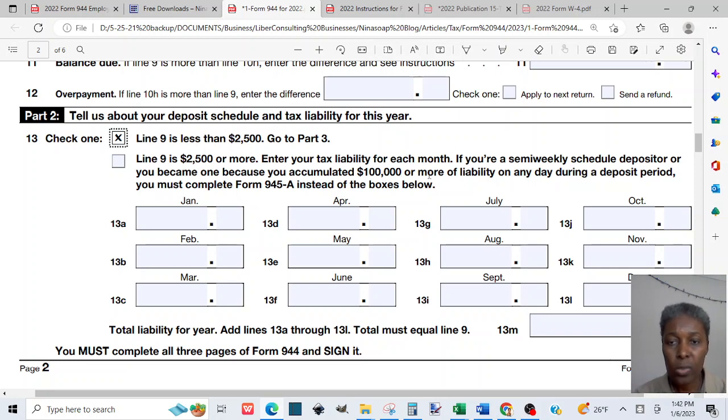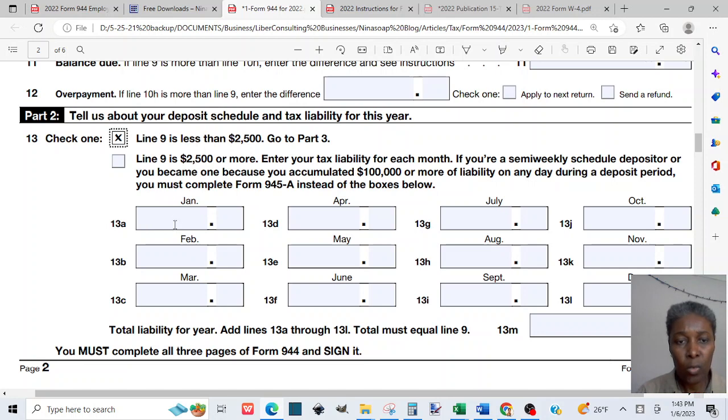So you will choose. By default, I would say if your income is low, you will be a monthly scheduled depositor. But if your tax liability surpasses $2,500 or more, you should make your deposit during the year.